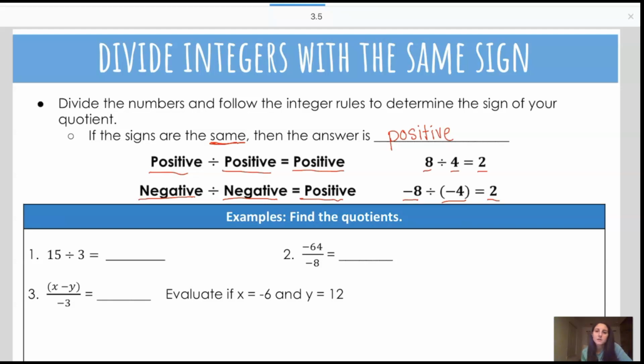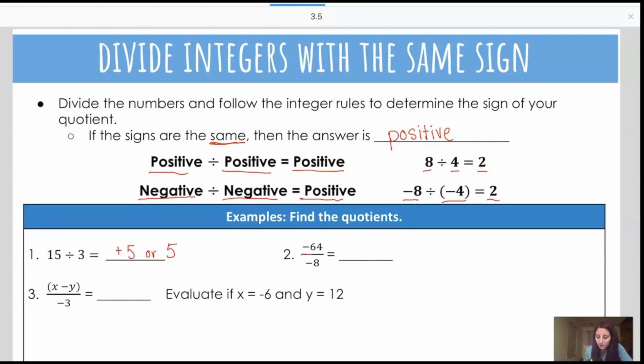Number 1 says 15 divided by 3. That's a positive divided by a positive, so our answer is positive. And 15 divided by 3 is 5. So we can write it as plus 5 or just 5 because it's a positive. Number 2 says negative 64 divided by negative 8.